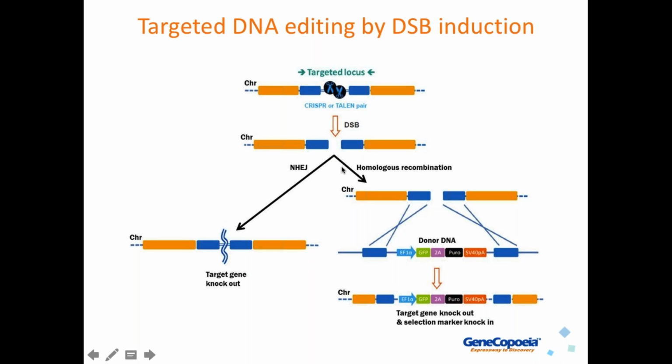And then this break is repaired usually by one of two pathways, or mechanisms actually. The first, shown on the right, is known as homologous recombination, also known as homology-directed repair. This is a fairly natural form of DNA repair. It's what occurs during a lot of DNA damage where you have a homolog or a sister chromatid present. It also occurs in meiosis when double-strand breaks occur.